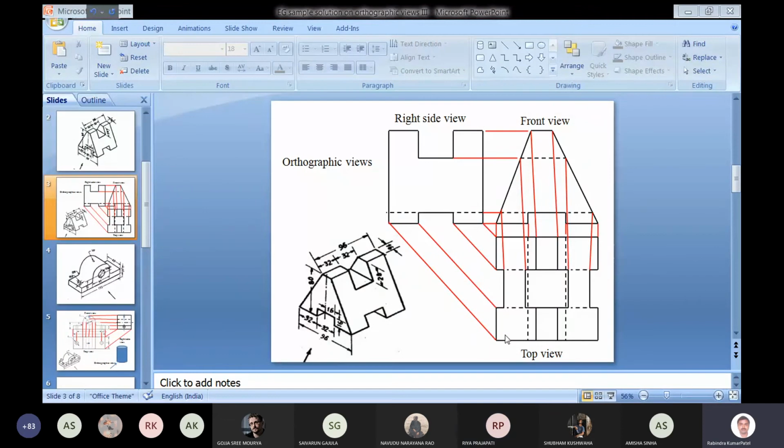Here, if we have a dashed line and a continuous line in the same line, that is, a visible outline and a hidden outline in the same line, we will put a break where the continuous and dashed lines meet.